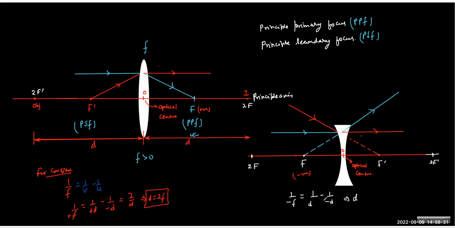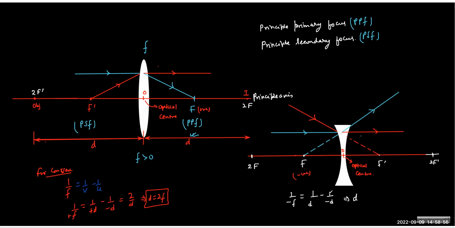If I keep the object at 2F, the image will be at 2F dash. We have to keep the object at 2F dash actually.